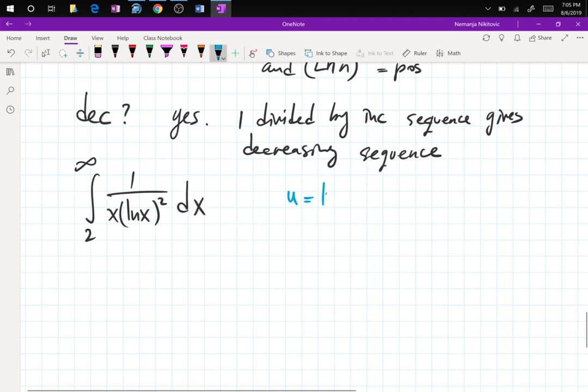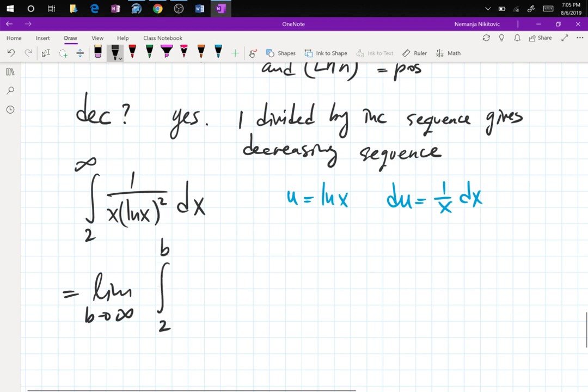u equals ln x, du equals 1 over x dx. So we have limit b goes to infinity, 2 to b. It's not going to be 2 to b. It's going to be ln 2 and ln b because we have to plug in the limits.